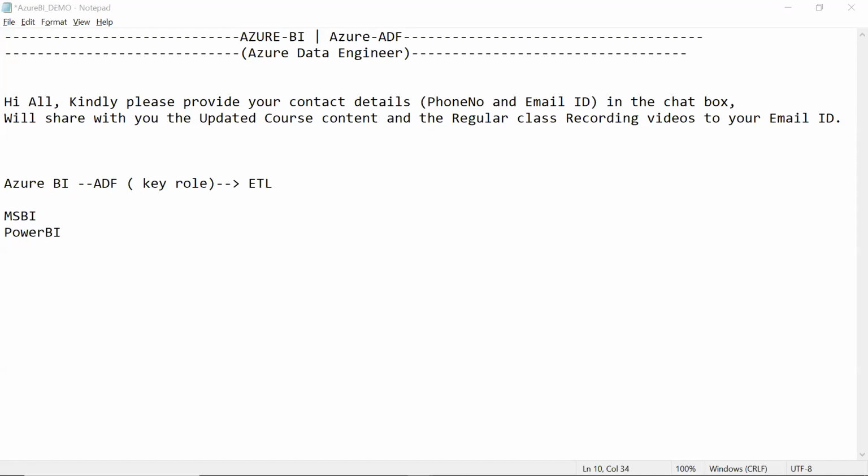Yes, definitely we're going to cover it as a complete Azure data engineer, with lots of different services like Databricks, Synapse, Data Lake, Azure SQL. Many things will be covered.